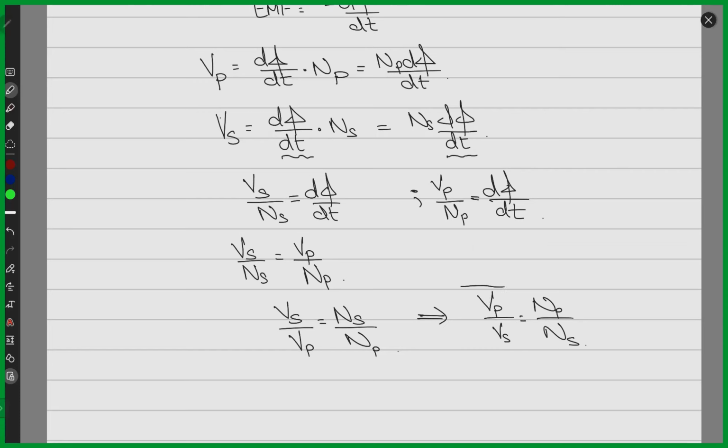Using this equation, you can see the number of turns that you need on your coil to get a desired voltage or the EMF induced in that coil, right? So what does this tell you? This equation tells you that you can adjust the number of turns on the coil.